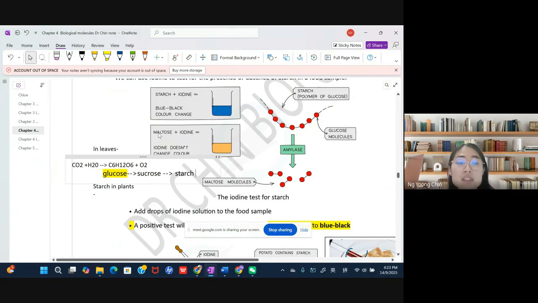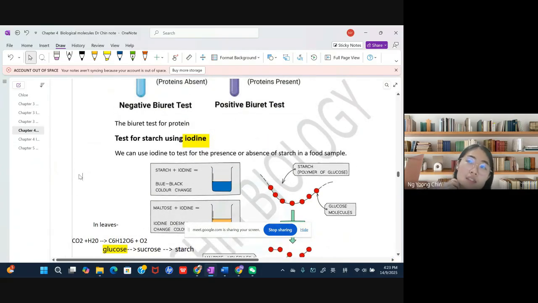Just like, for example, in our human body, our liver is able to convert the excess glucose in the blood into glycogen stored inside the liver.